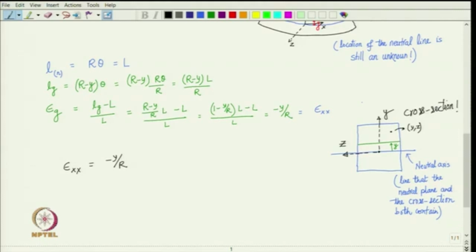So, we take any line with a constant y, for example, this green line. Any point on this green line has the same epsilon x x, because it is independent of z.